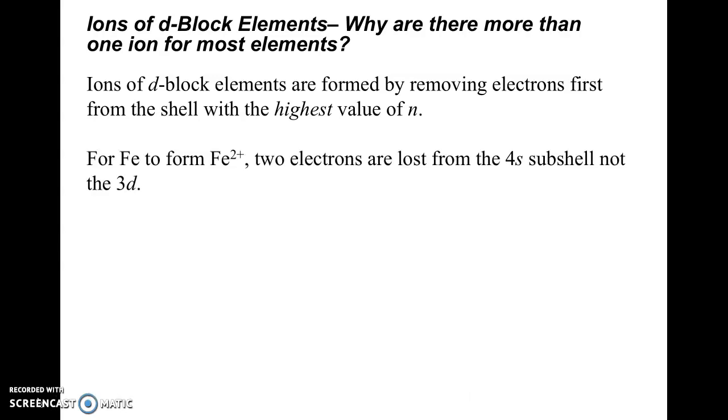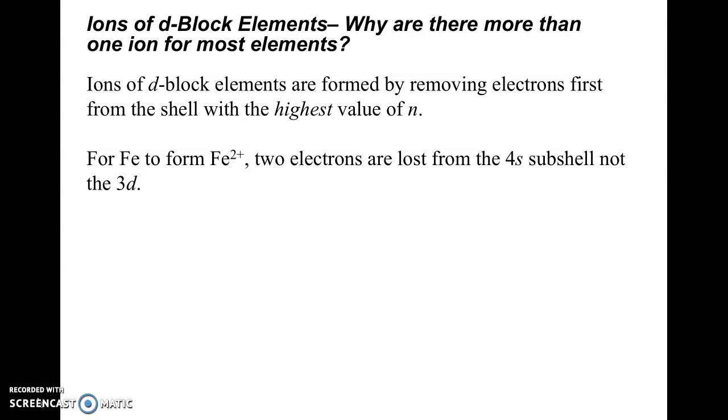So if we look at iron, iron is in the 4th row of the periodic table. So we have a 4s2 and then a 3d6.